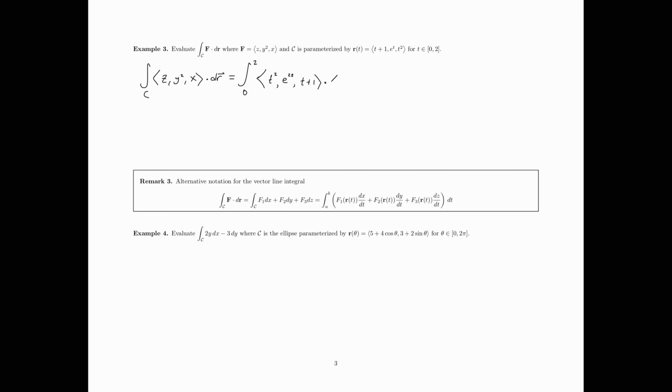And we'll go ahead and dot that with the derivative, which is 1, e to the t, 2t, dt. We'll do our dot product to get t squared plus e to the 3t, plus we'll distribute the 2t to get 2t squared plus 2t dt.